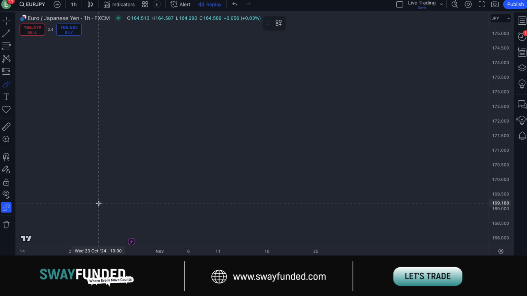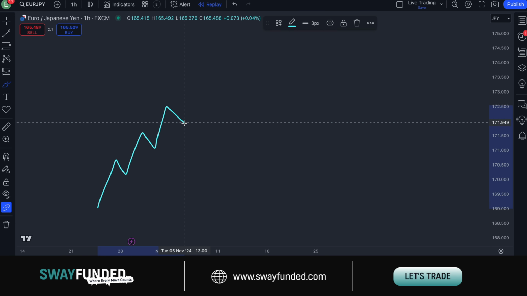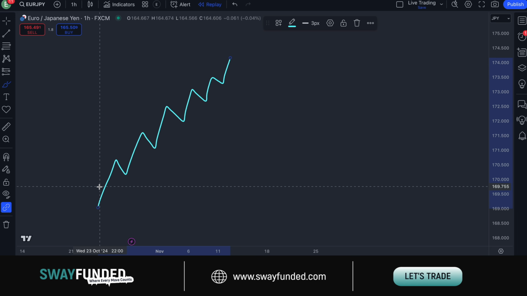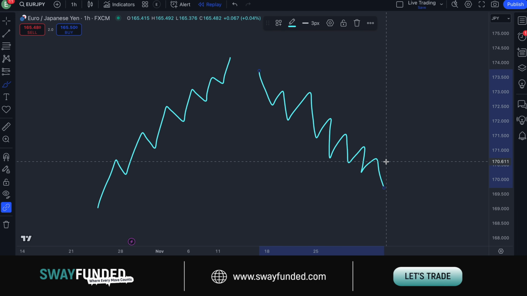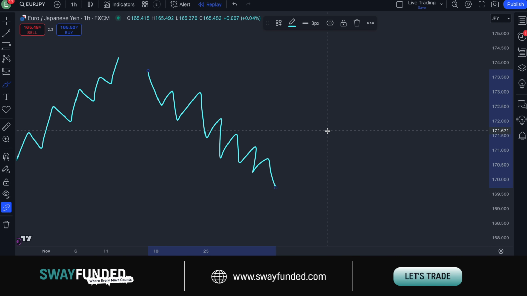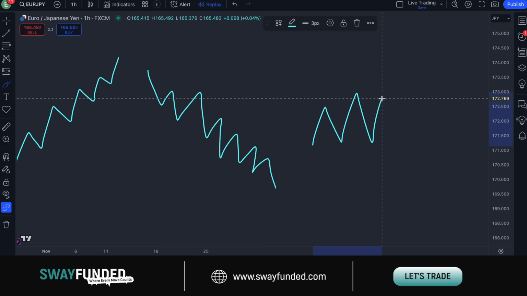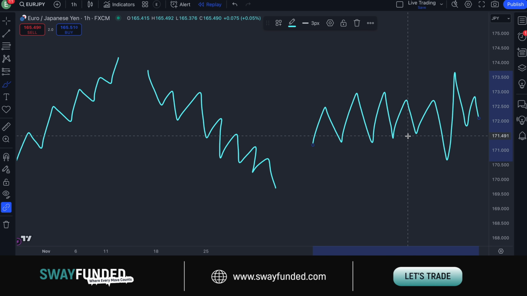For instance, an uptrend and a downtrend look like this. An uptrend is where there are higher highs and higher lows. A downtrend is when there are lower highs and lower lows. And a range-bound market is where price is just sitting in a horizontal nature and is going absolutely nowhere.